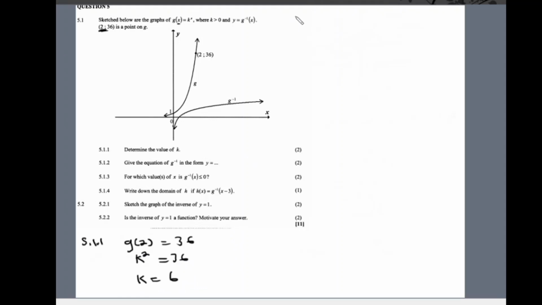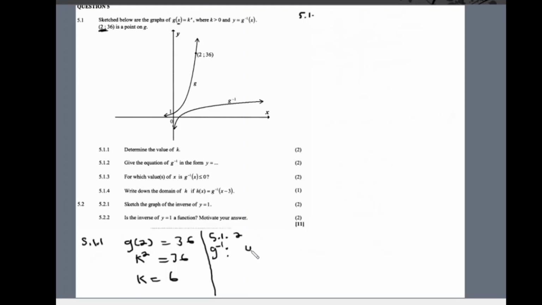And then 5.1.2, they want us to give the equation of the inverse of g, right? I'm sure we know by now, to get the equation of the inverse, you swap x and y, right?